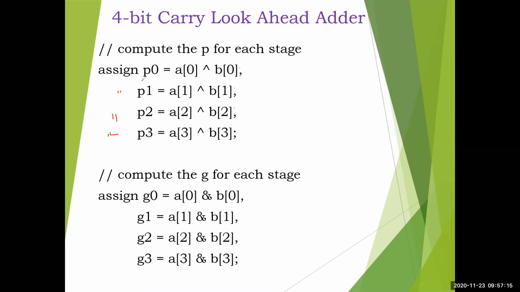Meaning all four are assign statements, just separated with commas. That's why I have written them on the next line. Actually, it can all be written on a single line. When you use commas you can write it on a single line also, no issues. Even with semicolons you can write assign P0 equals A0 XOR B0; assign, like that. But readability matters in programming, so we will write it like this.